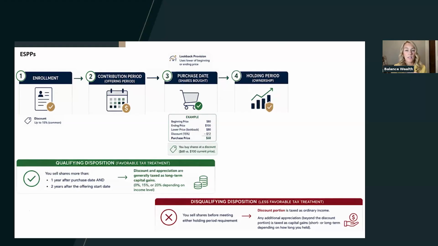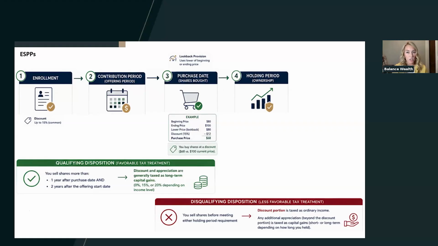So if you sell within a disqualifying disposition, so if you sell within 1 year of the purchase date and 2 years of the enrollment, then you pay ordinary income on not only the discount, but also the gain, right? But if you sell during a qualifying disposition, outside of those time limits, you'll be paying capital gains tax on that. Okay.